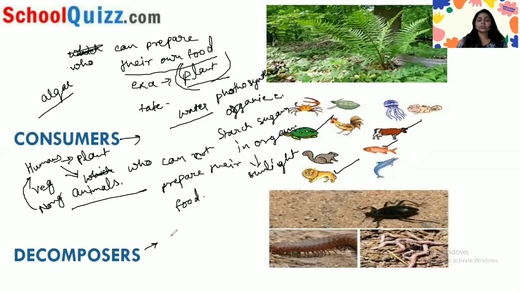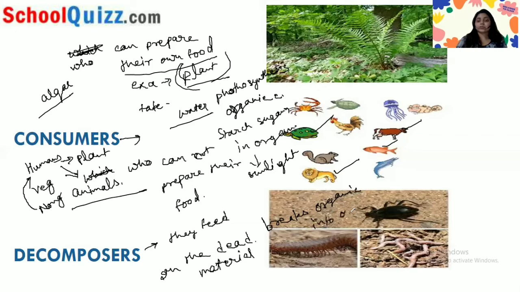And decomposers. So what is a decomposer? Basically they feed on dead material, and they break the organic substance down into inorganic. When they feed on the dead material, it becomes nutrition for the plants, okay.